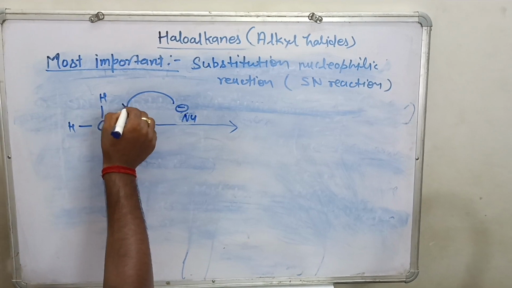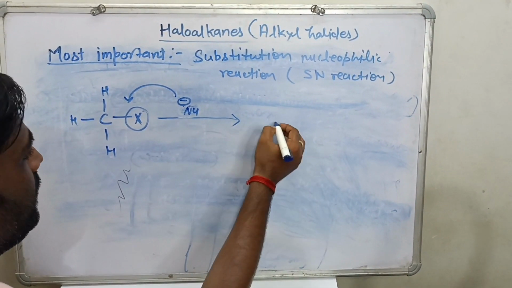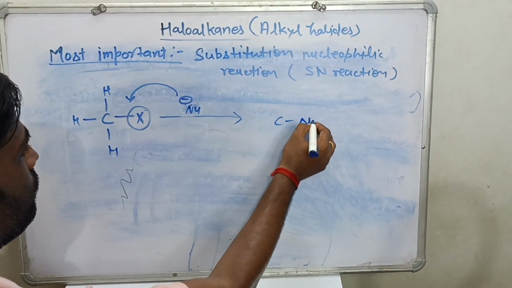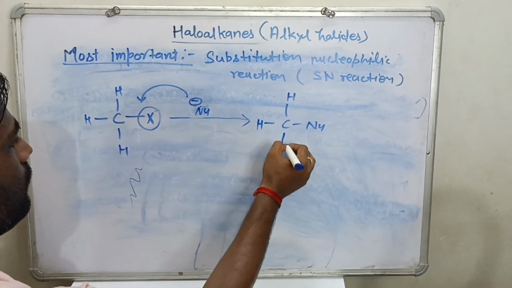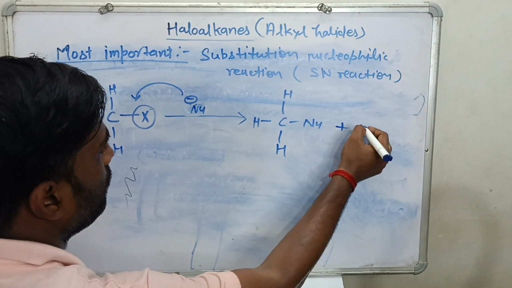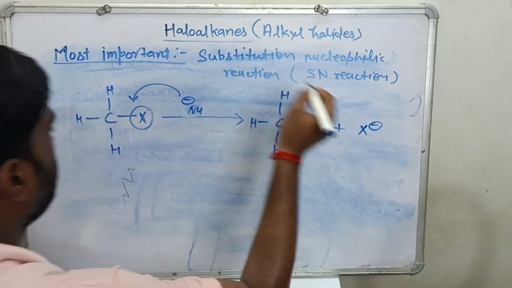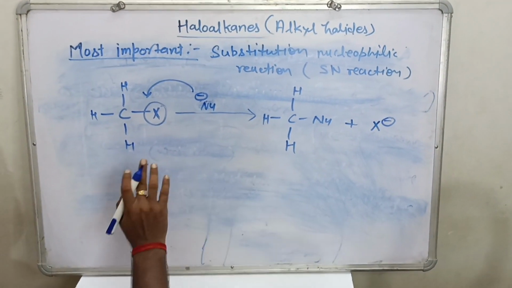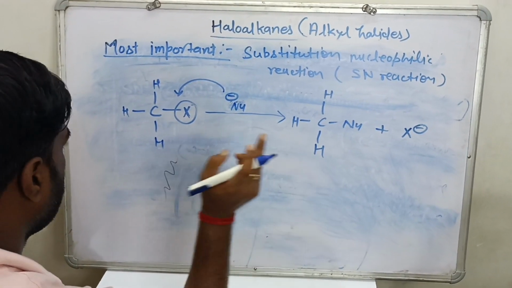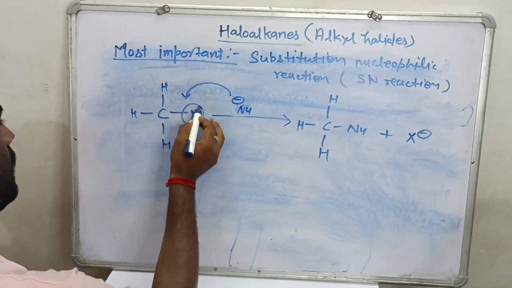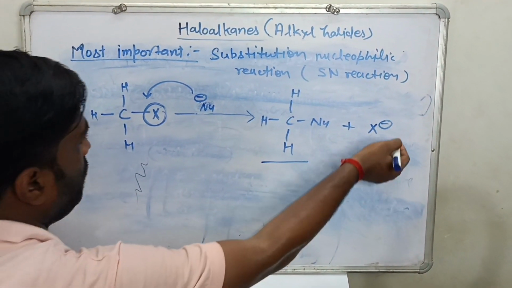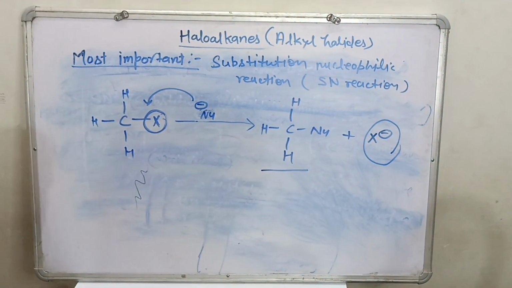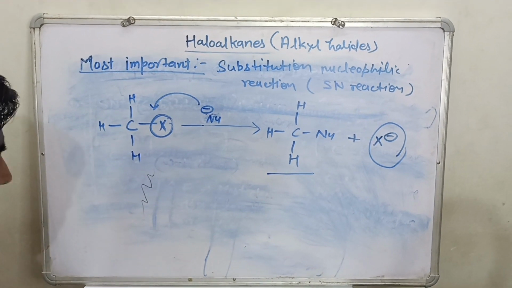The nucleophile attacks the haloalkane, leading to the formation of a new product, and the halogen atom is removed.